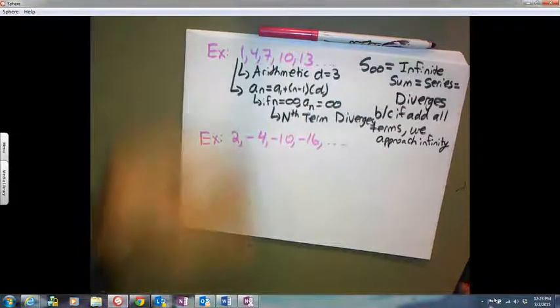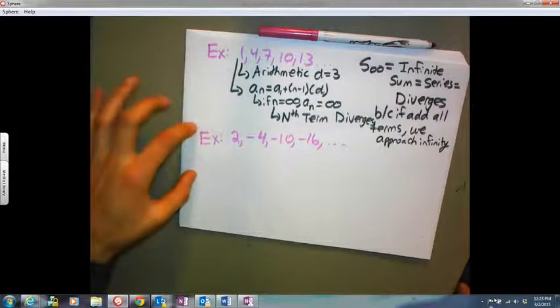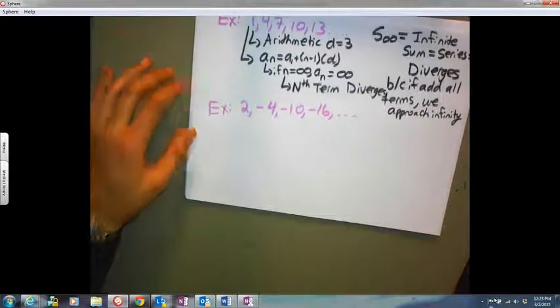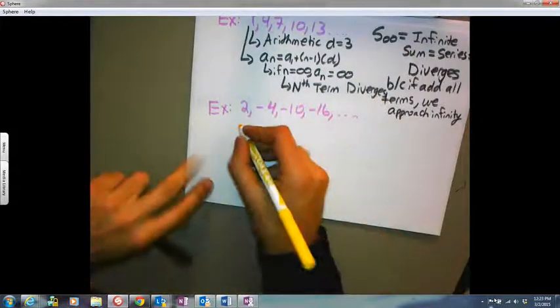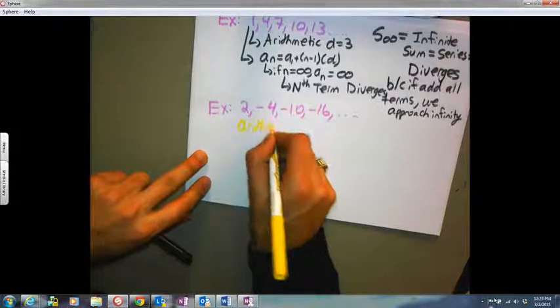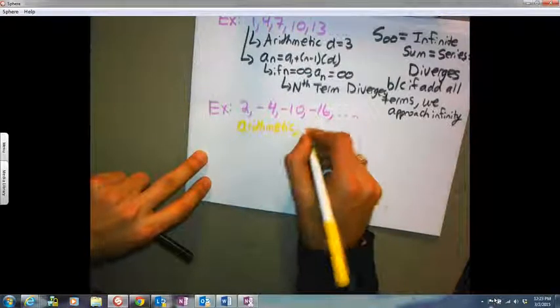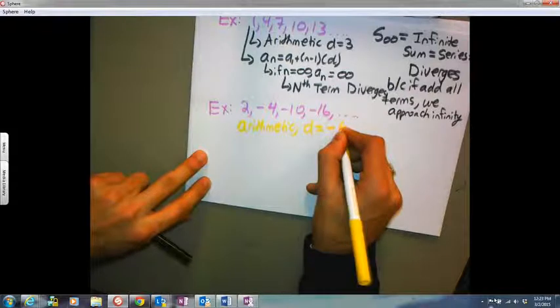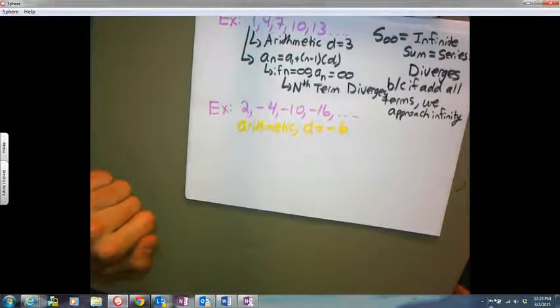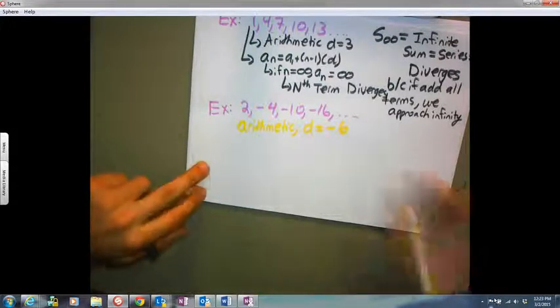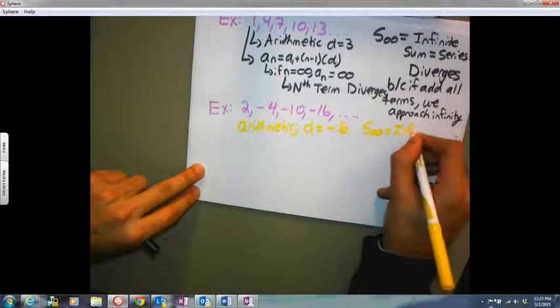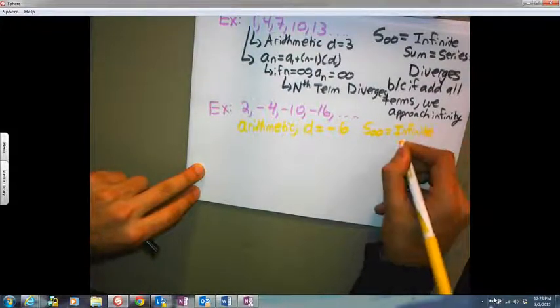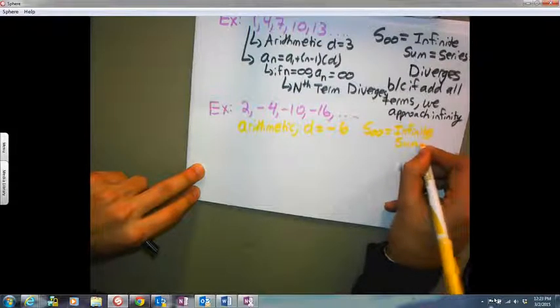Now let's compare this example to what happens down here. So down here, we might say arithmetic. We have a common difference of minus 6. So here if I talk about S infinity, I'll talk again about the infinite sum. For our class we can think about that as a series.